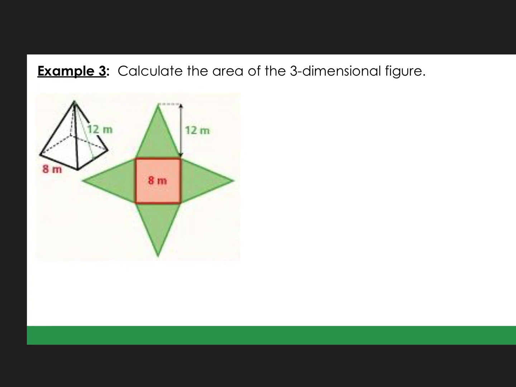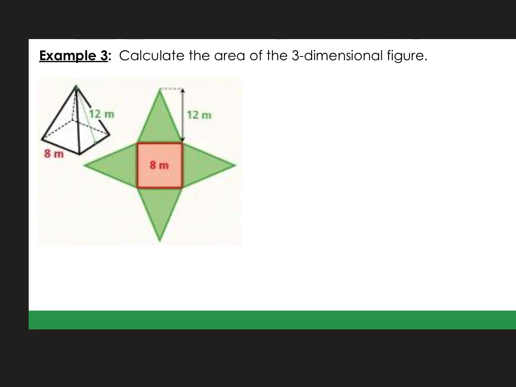So we can start there. Area of a rectangle or square is base times height. So it's 8 times 8. And we can just write that in there so we have that visual.